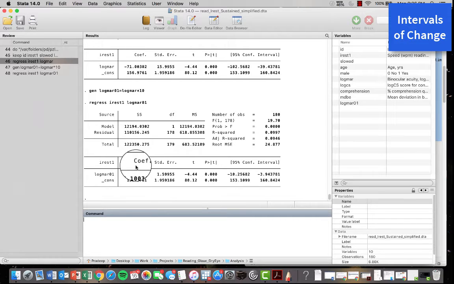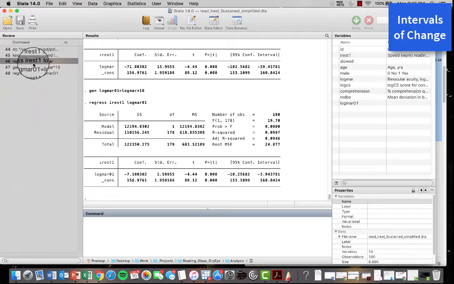So for each 0.1 unit change in logMAR, they read 10 units worse. That seems pretty obvious, and in fact you probably don't even need to make this new variable, because you could just divide the coefficient as well as the 95% confidence intervals by 10. That's easy when you're dividing by 10, but if you wanted to divide by 5, it's not quite so easy, and you're going to have to do a lot of calculations.